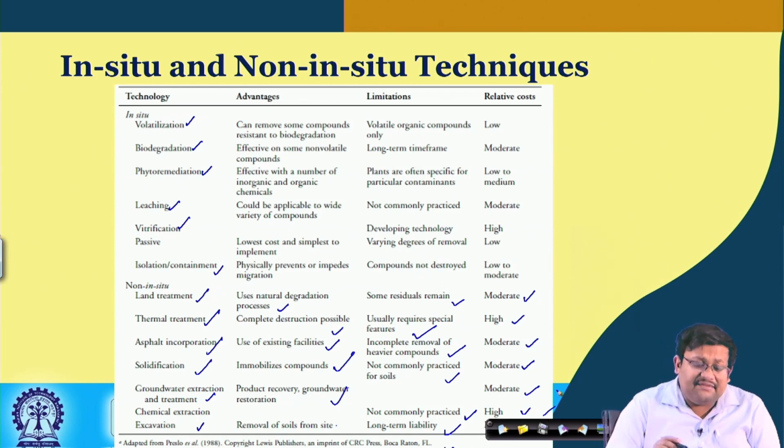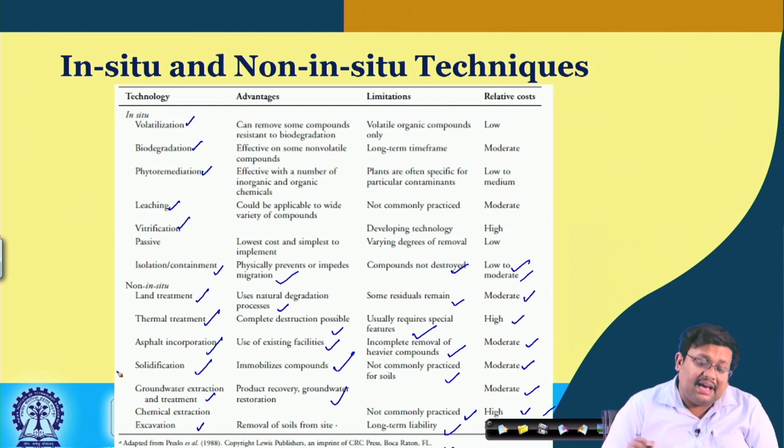In case of passive decontamination process, the limitation is the compounds are not destroyed because it is only the containment process, and the only advantage is it physically prevents or impedes the migration. And in the relative cost, it is basically low to moderate.